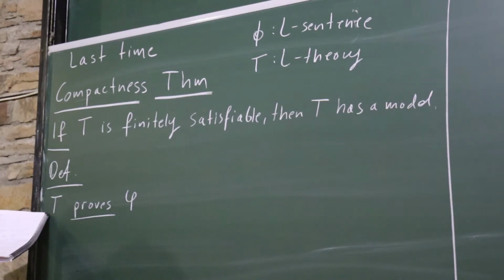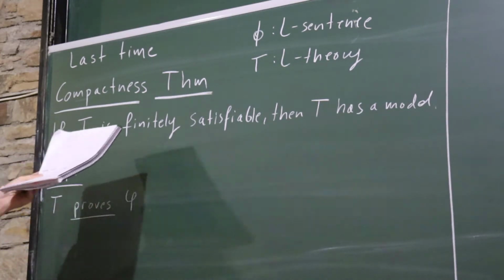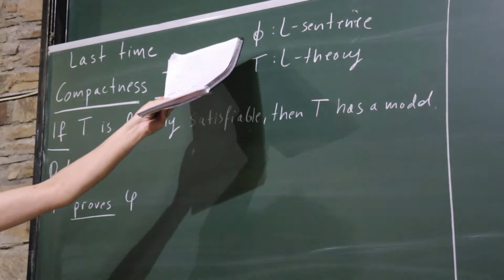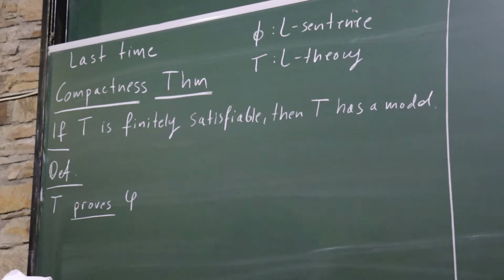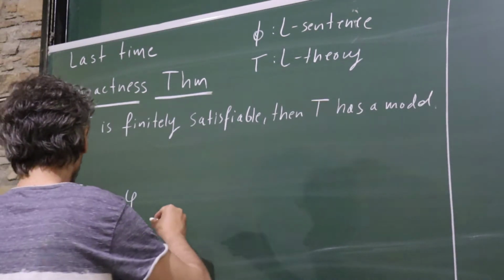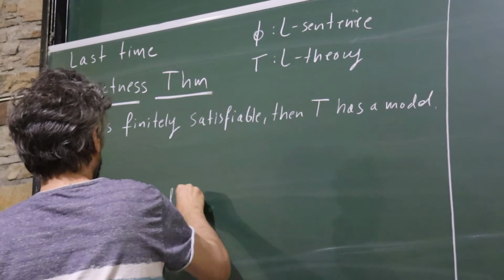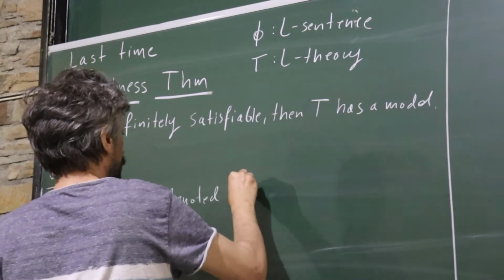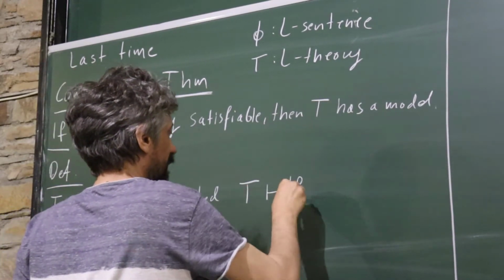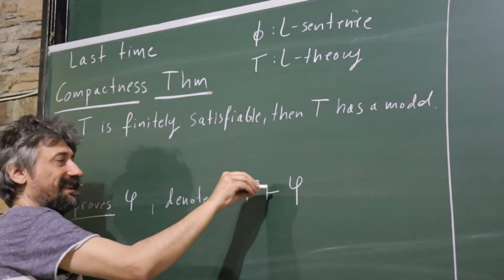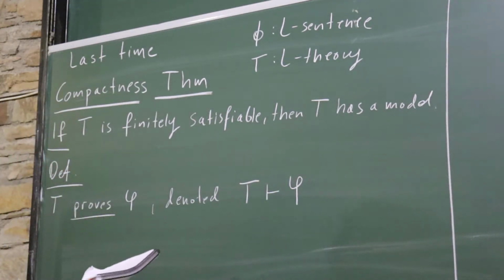So this was a connection, T implies phi, but using structures. Now it will be something similar, but purely syntactical, so without any models. So T proves phi, and it is denoted like this. Before there were two lines here, now only one.